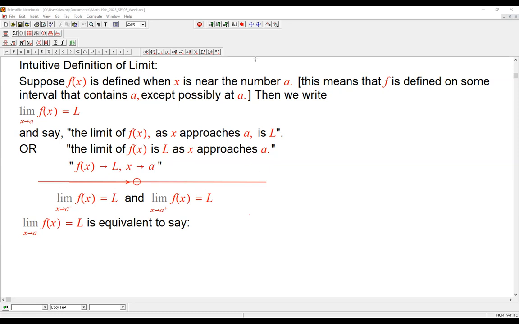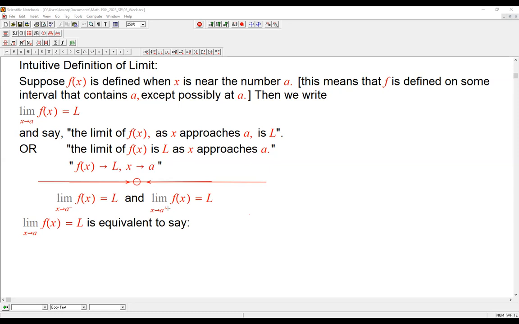If a is being approached from larger than a, we are using this notation. So you need to be very careful because every little symbol is necessary to express that meaning.